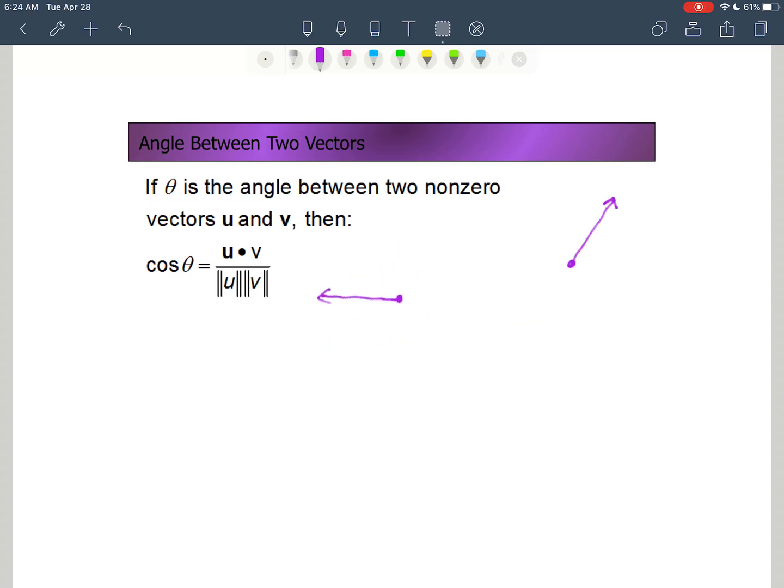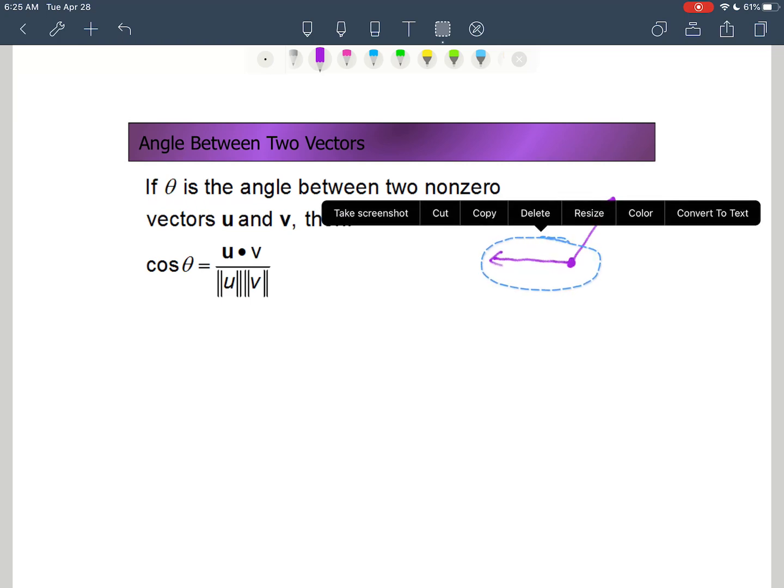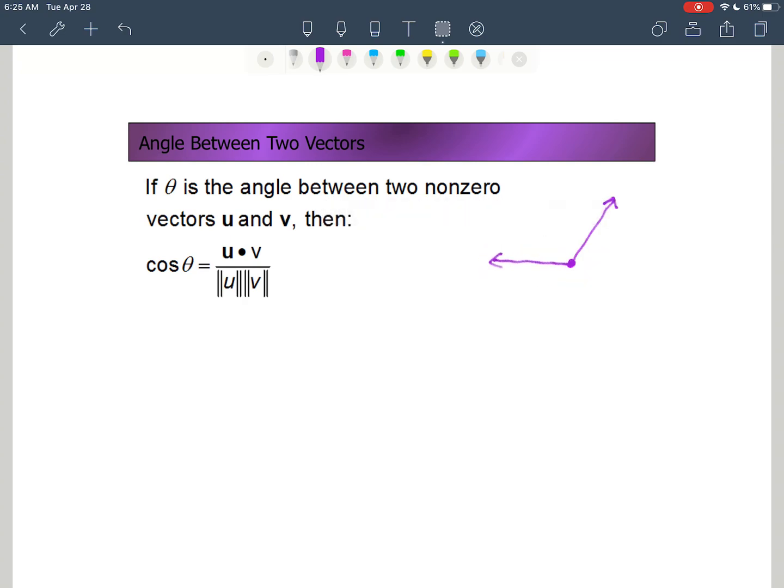It's all about direction, which it continues to have the same direction no matter where I put it, and magnitude. Magnitude is its size. So I'm going to put them so that they have the same initial point. And now we want to find the angle between these two vectors.